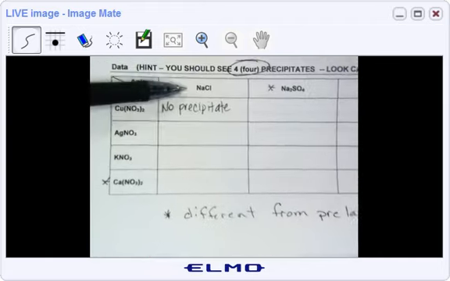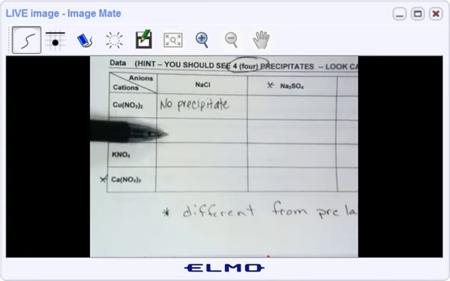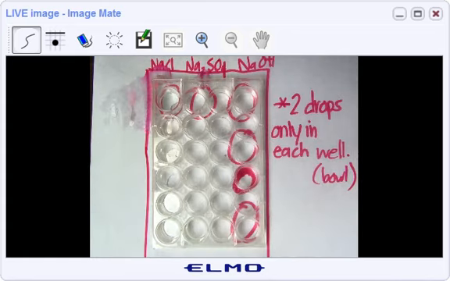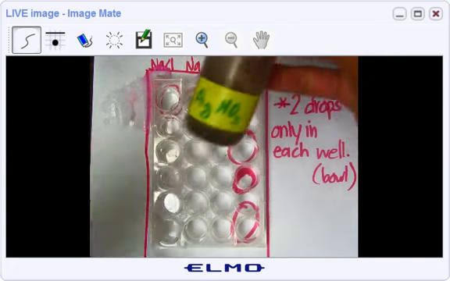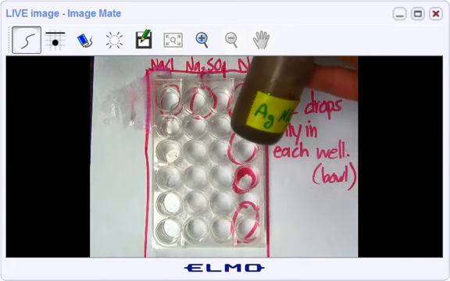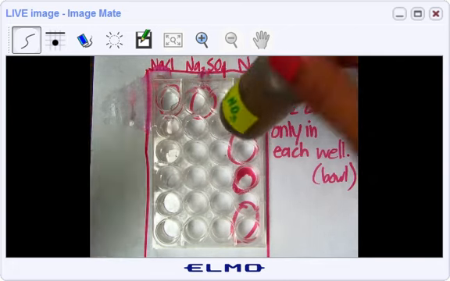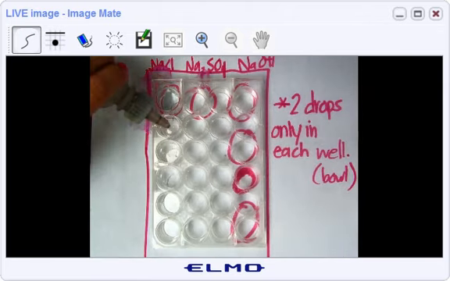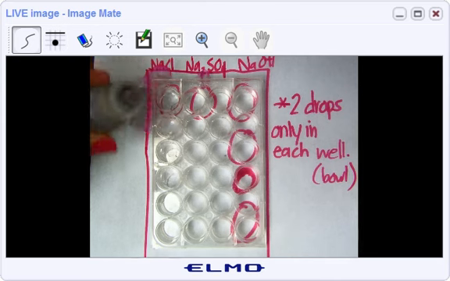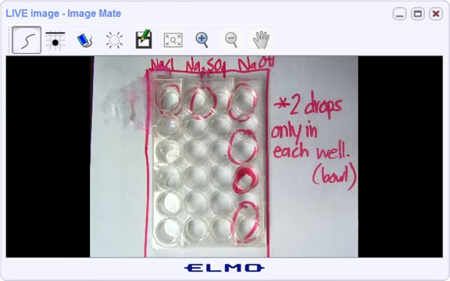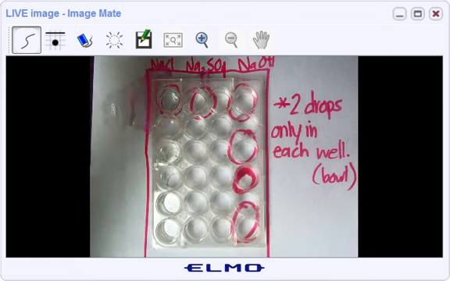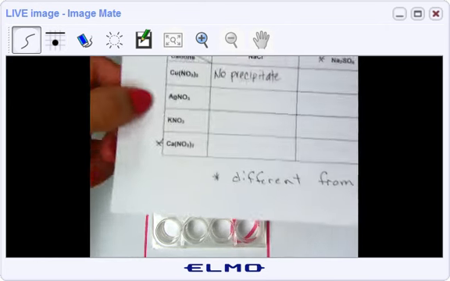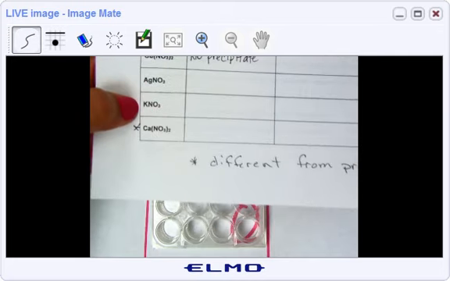The next one I'm going to mix with NaCl is going to be AgNO3. Here's AgNO3. Be very careful with this. It will stain your clothes. I'm just going to put 2 drops. After AgNO3 is KNO3.